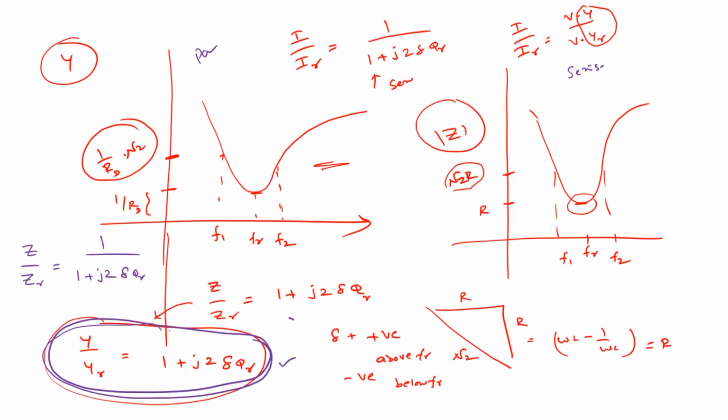So Y by YR is equal to 1 by J2 delta QR. We'll start from here. Don't confuse me. This is the one that we got.